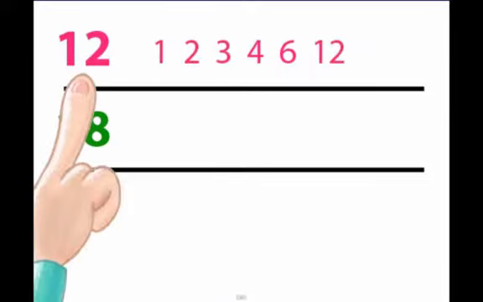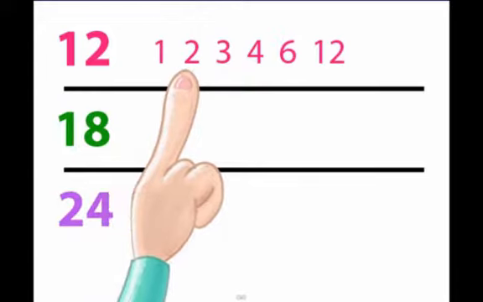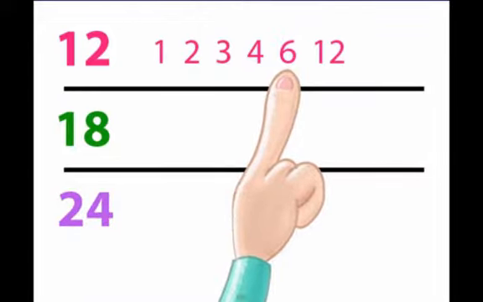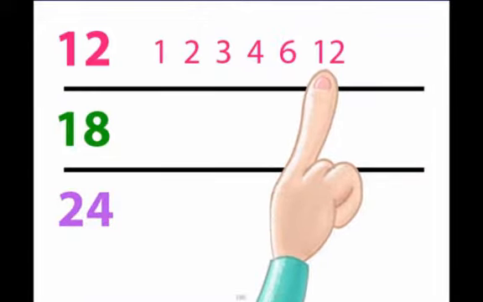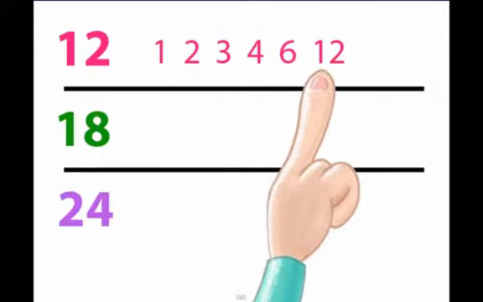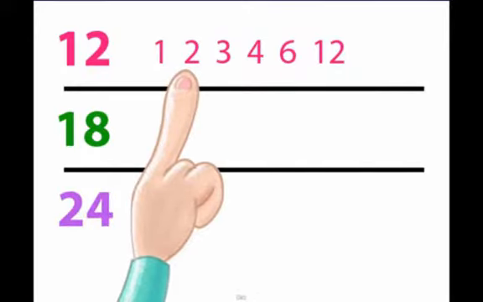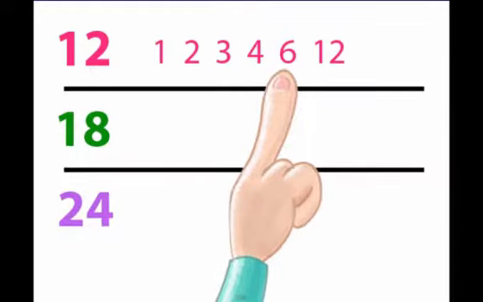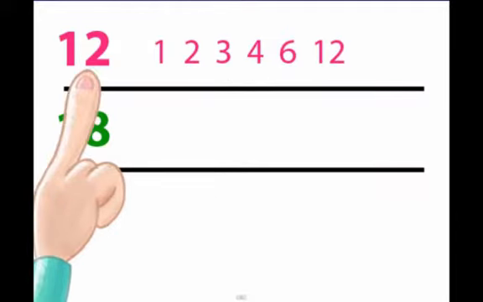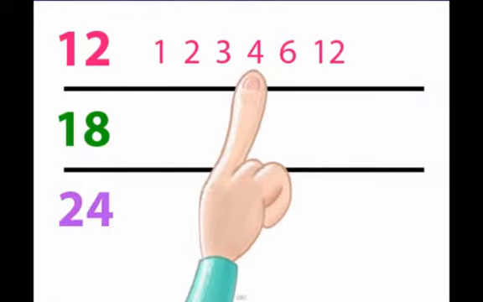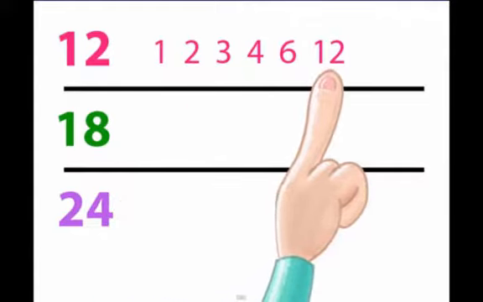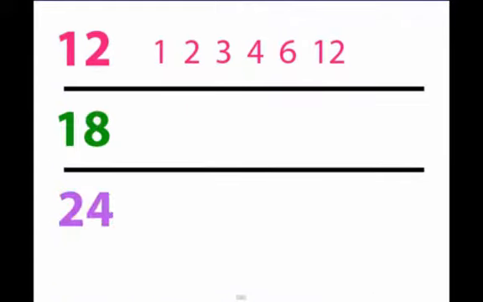The numbers that divide into 12 are 1, 2, 3, 4, 6, and 12. 1 divides into 12 12 times. 2 divides into 12 6 times. And 3 divides into 12 4 times. These are all the factors of 12.